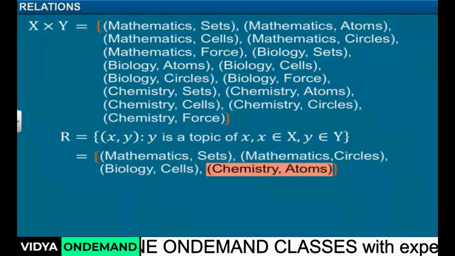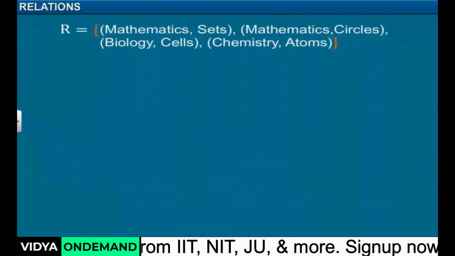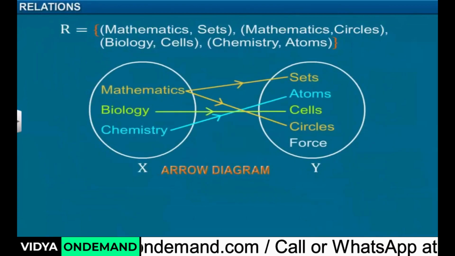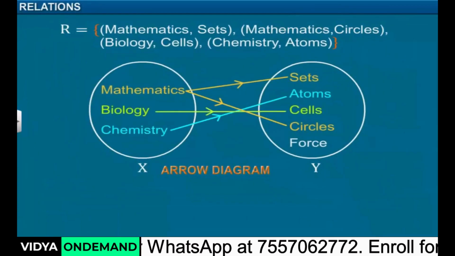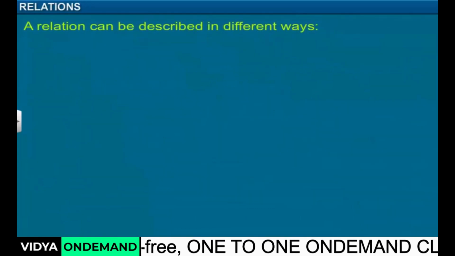This relation can also be represented visually with the help of an arrow diagram as shown. Hence, we can describe a relation in different ways: list form or roster form, set builder form, and arrow diagram.